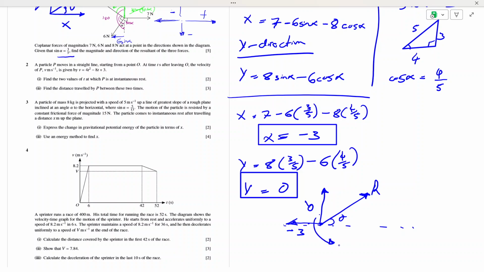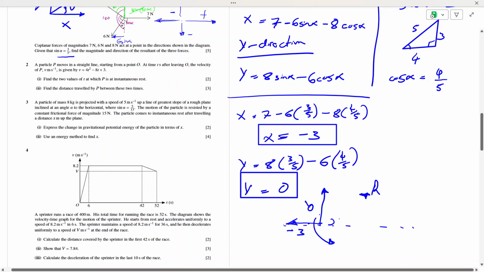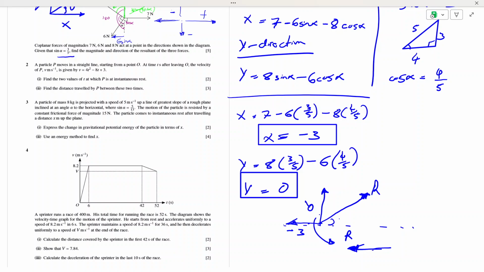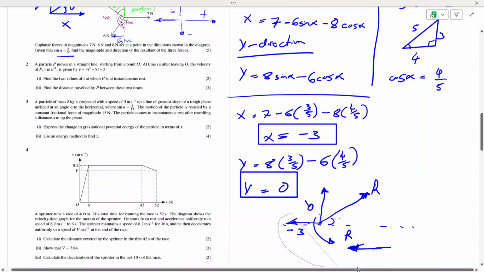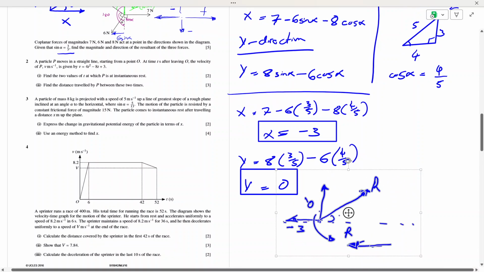So ultimately, because there is a 0 in the y direction, our r here is just pointed to the left because we only have the horizontal component of x, which is 3, right? Or we could use the Pythagoras theorem if this is confusing.